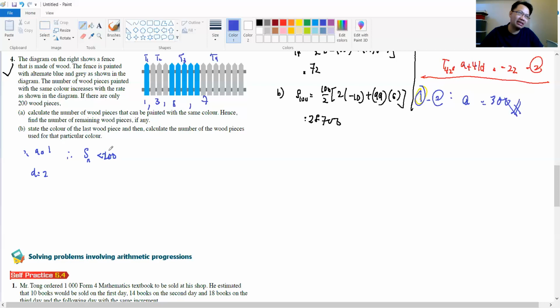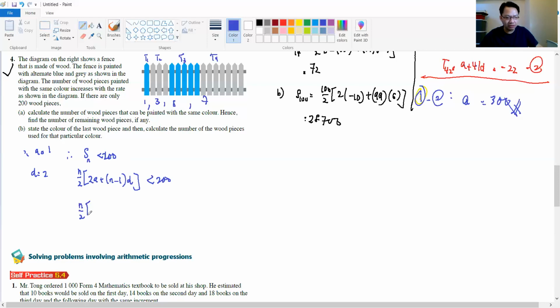Now n over 2, 2a, we know a, n minus 1, we don't know n, but d we also know, so less than 200.